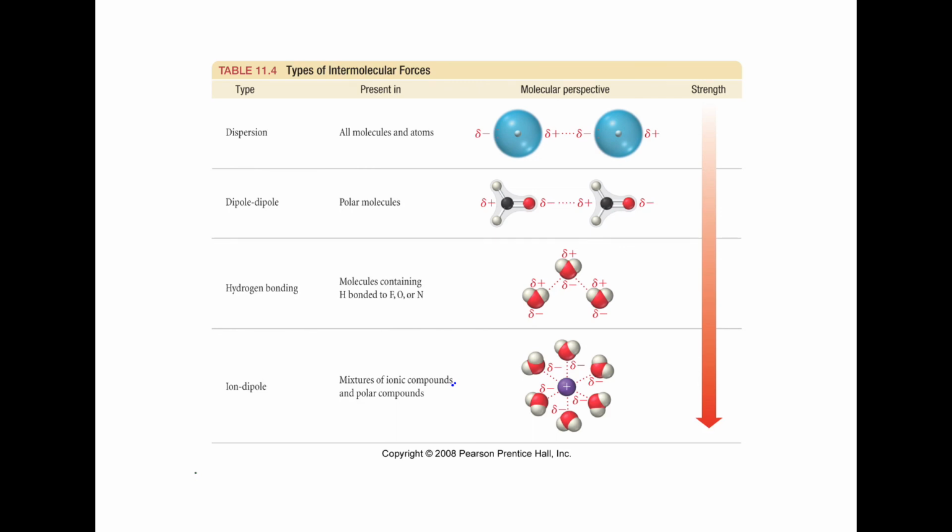To make those choices, you have to know what kind of compounds can do each intermolecular force. And then you go down the list, and we know that all molecules can do dispersion. Only polar molecules can do dipole-dipole. Polar molecules that have a very specific formula can do hydrogen bonding. And ion dipole means you need to have an ionic compound and a polar compound.